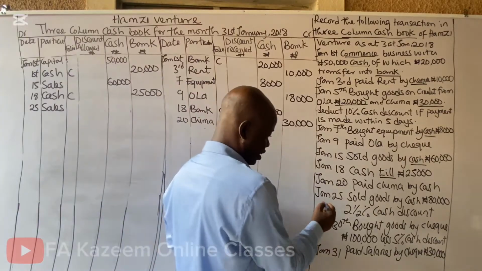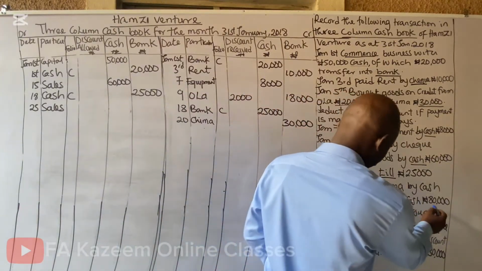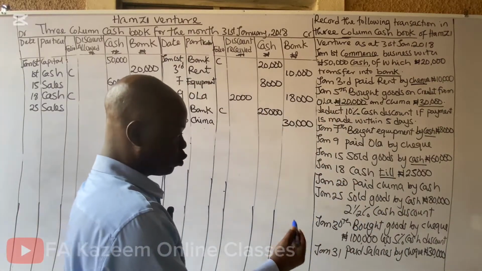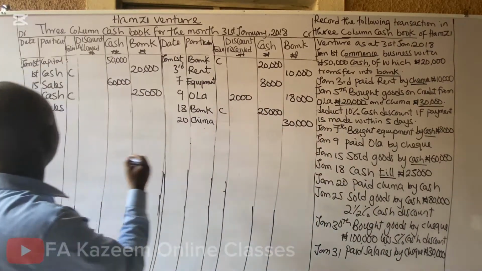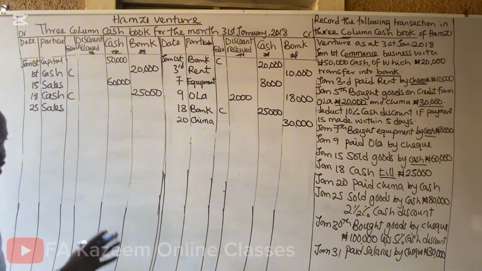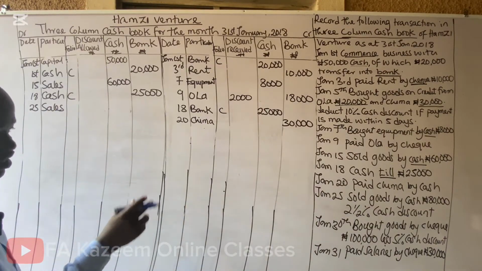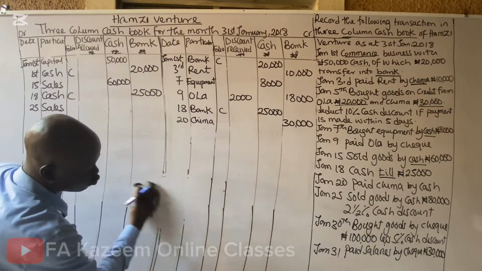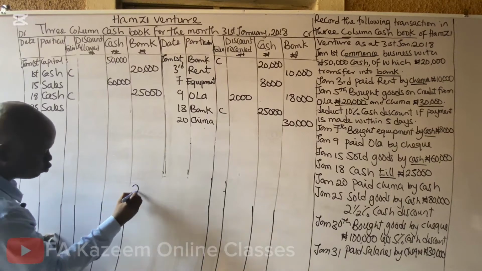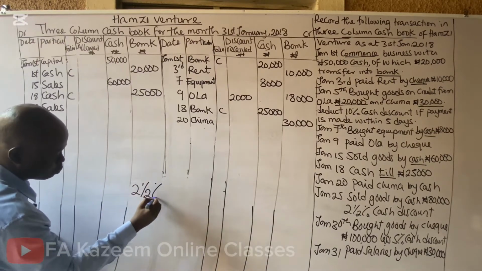On January 25, we have sold goods by cash 80,000, 2.5% cash discount. Now, sold goods by cash, money is coming in. We'll come here and see January 25. It's 80,000, but there's a discount of 2.5. How do we do that? We have 1 all over 2%.